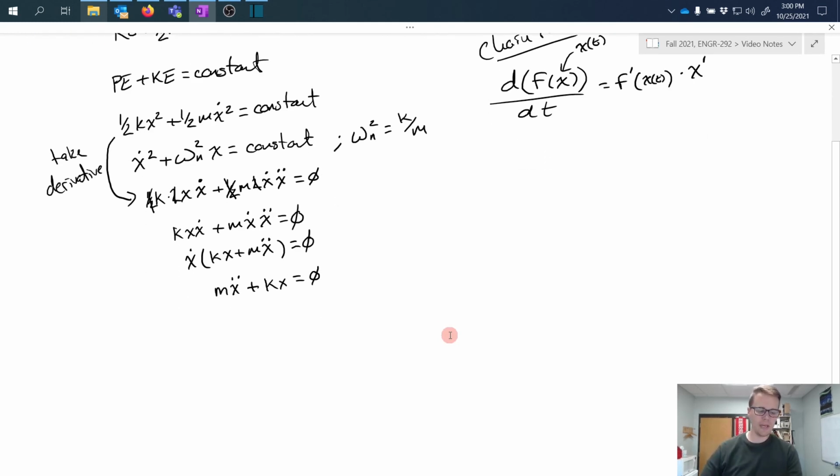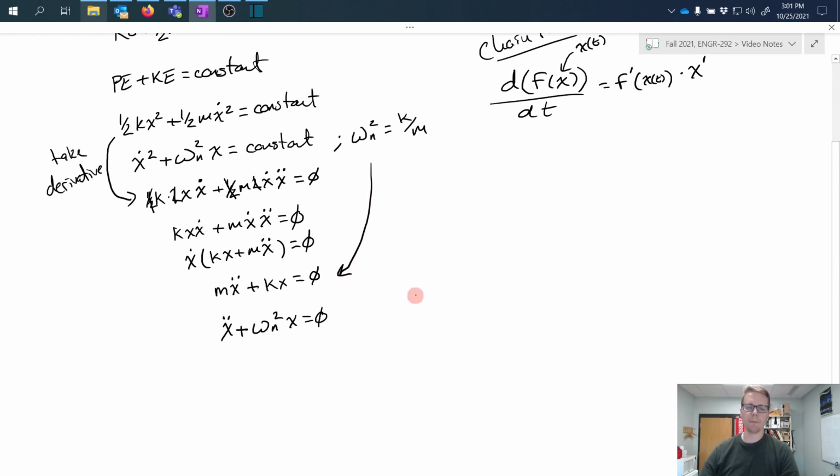Now looking at this, it looks very similar to what we saw for simple harmonic motion. And again, if I take my natural frequency and plug it in here, I get an equation of the form x double dot plus omega n squared x equals 0.